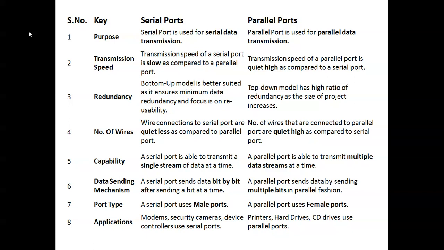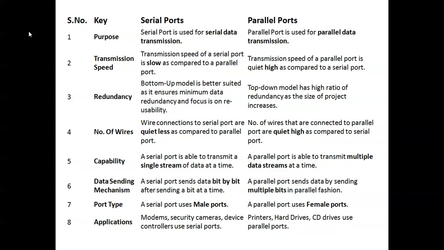Serial ports are for serial data transmission, and parallel ports are used for parallel data transmission. The transmission speed in a serial port is a little bit slow, and the transmission speed in a parallel port is high. Regarding redundancy and number of wires, the wiring of serial ports is quite less, and the wiring of parallel ports is quite high.